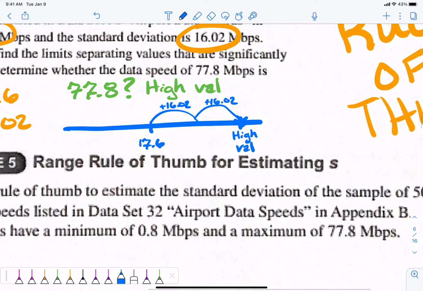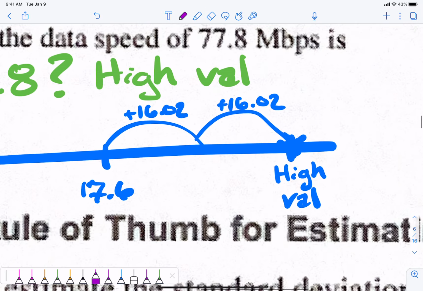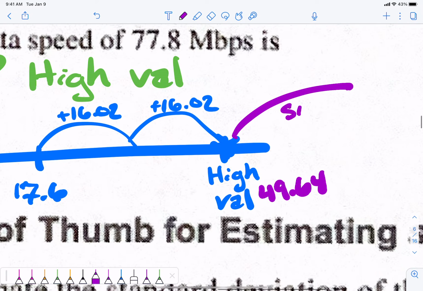Somebody find that number for me. 17.6 plus 16.02 plus 16.02 again. 49.64. So that means that any value that is bigger than 49.64 is what? High. Significantly high.